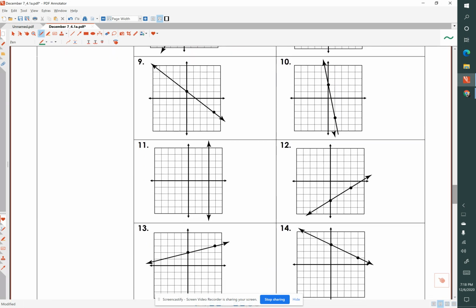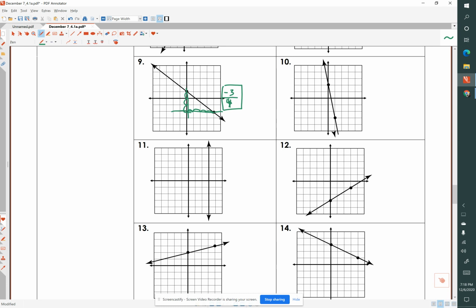And let's look at number 9. So, again, a negative slope. So I can see we're going to go down 1, 2, 3, negative 3, over 1, 2, 3, 4. And that's the final answer, negative 3/4.